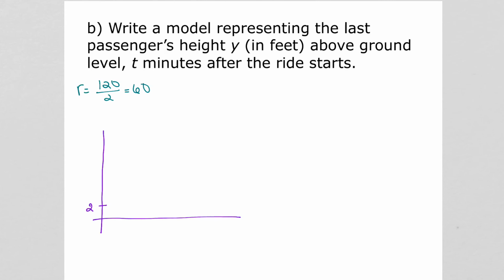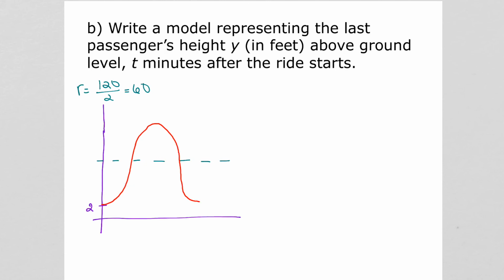So think about along some midline here. The Ferris wheel is going to start down at 2, and then it's going to go up or around that last person, and then it's going to come back. That last person is going to come back to the ground. And it'll keep going, but right now we're just looking at 1 revolution.